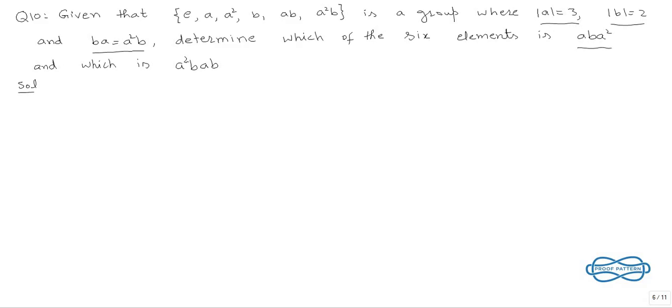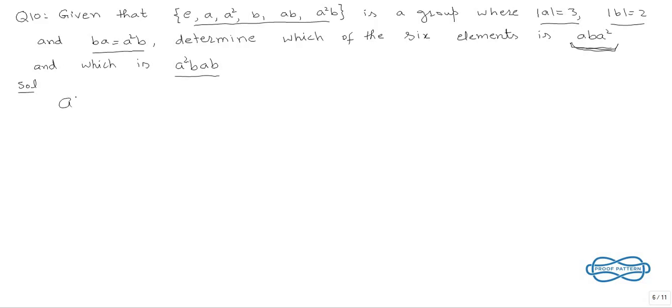We know that the group is closed under binary operation, so we have to find what this element is. This element must be one of these 6 elements of the group. And also we have to find that this expression is another representation of one of the 6 elements of the group.